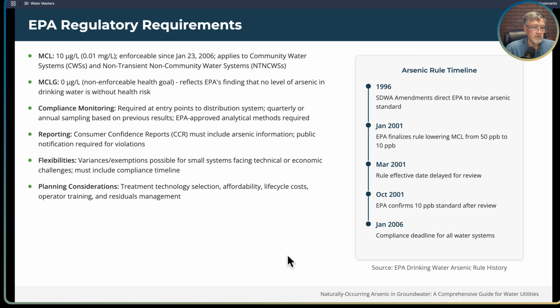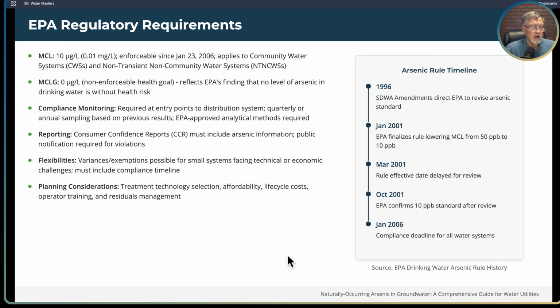Public notification is required for violations, like most things in the consumer confidence report. Flexibilities, variances, and exemptions are possible for small systems facing technical or economic challenges, but it does need to include a compliance timeline. And my understanding is those variances and exemptions are pretty hard to get. You have to really show a hardship and a specific plan to get back in compliance in a certain period of time.